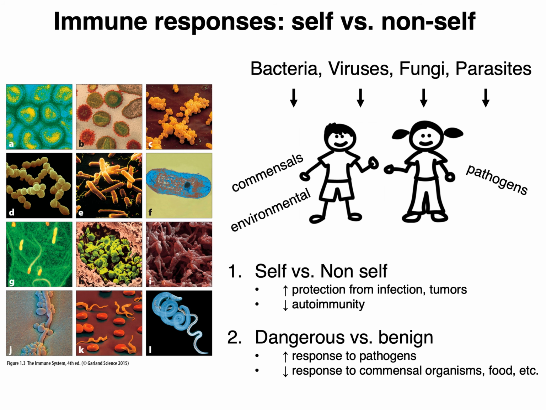The immune system also has to determine the difference between things that are dangerous versus things that are benign. And so we'd like to make an immune response to pathogens, but not necessarily an immune response to harmless organisms like commensals or other harmless antigens like food.